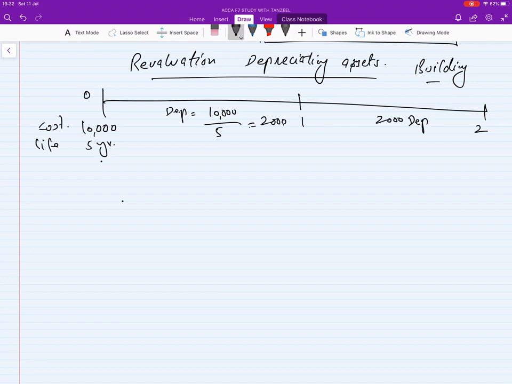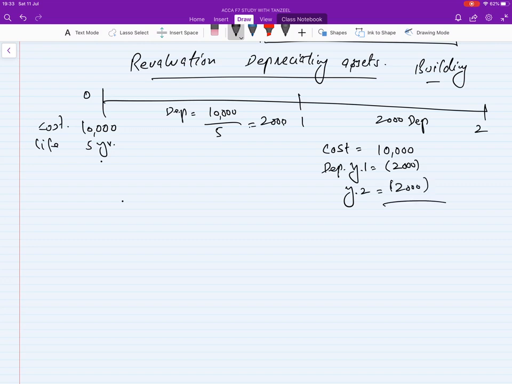Okay, and we can calculate here the NBV. How can we calculate? Let's do it from very basic. So the cost was 10,000, and then depreciation for year 1 was 2,000, year 2 was 2,000.